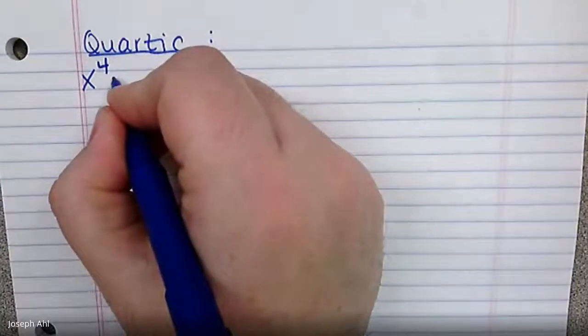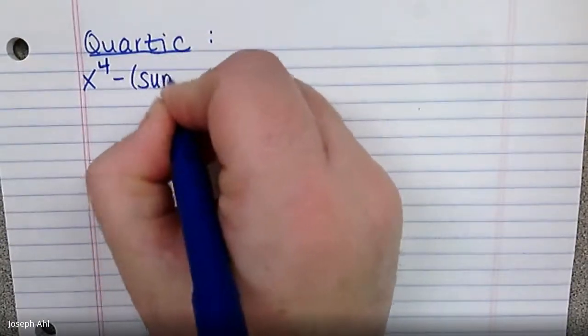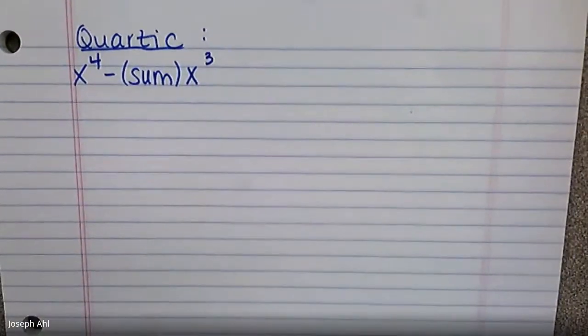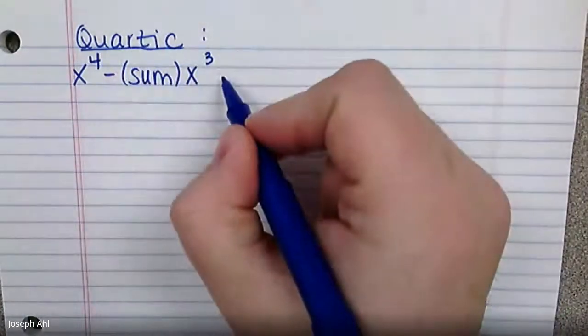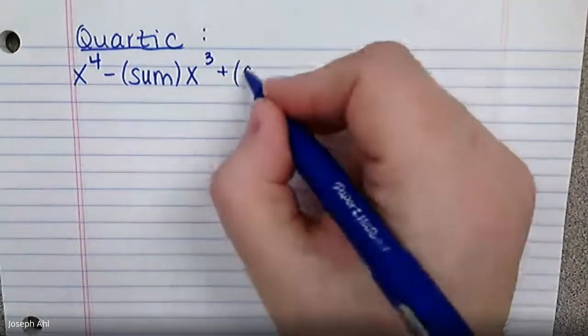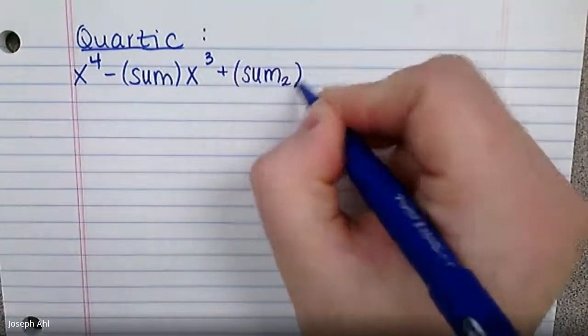You're going to then change the sign of the sum, and that goes next to x cubed. Maybe no surprises yet, right? We're always going to change the sum. Then you're going to keep the sign of the sum 2 at a time.